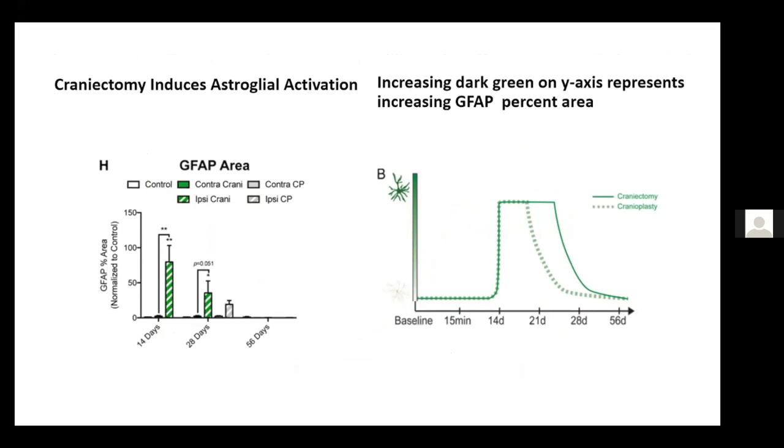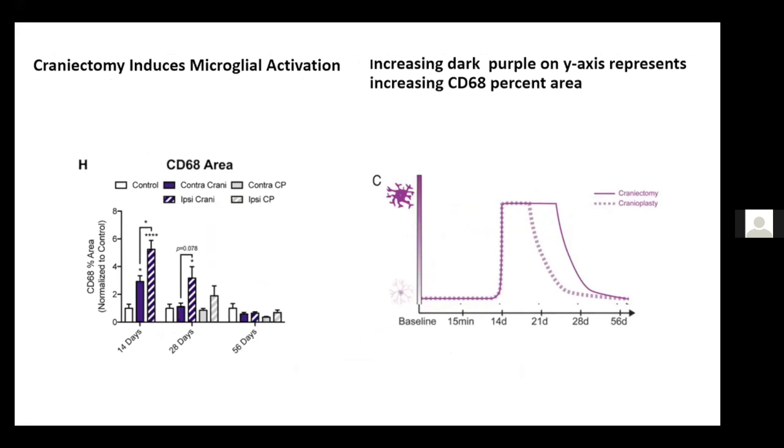Also, craniectomy induces microglia activation, increasing the CD68 positive area. So when we do cranioplasty, we can reverse the glymphatic effect.